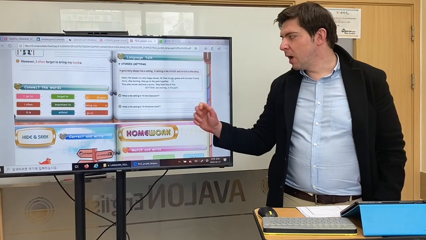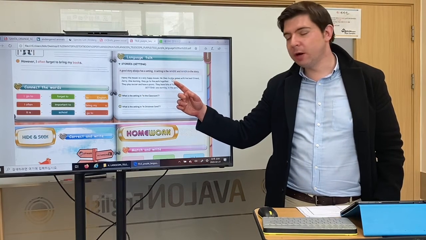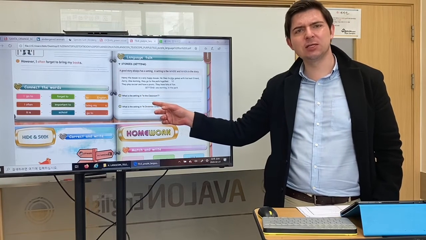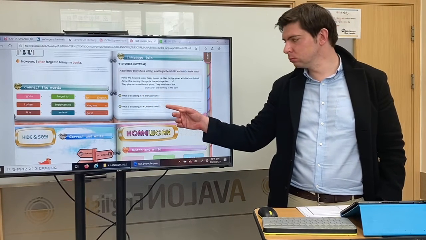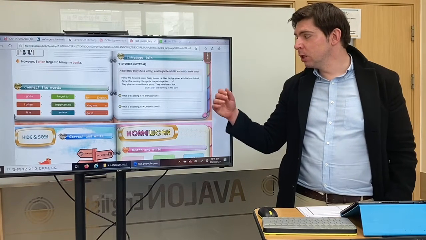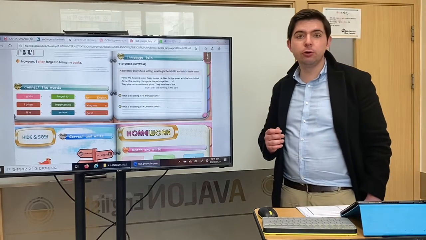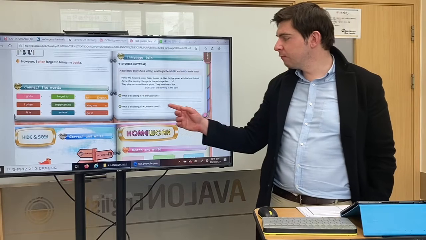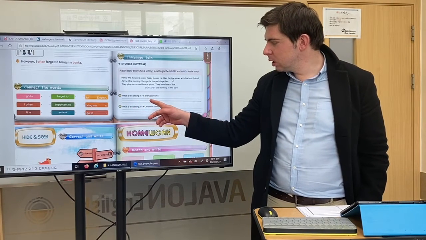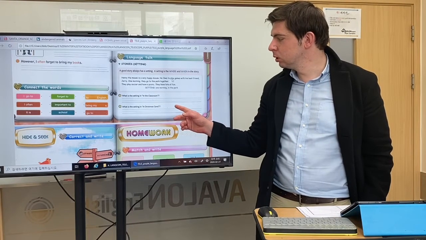Okay, now going back to the stories that we read already, what is the setting in the classroom? School classroom. Yes, so if we write it in a full sentence, which I want you to do, you would have to write the setting in the classroom is the school classroom.